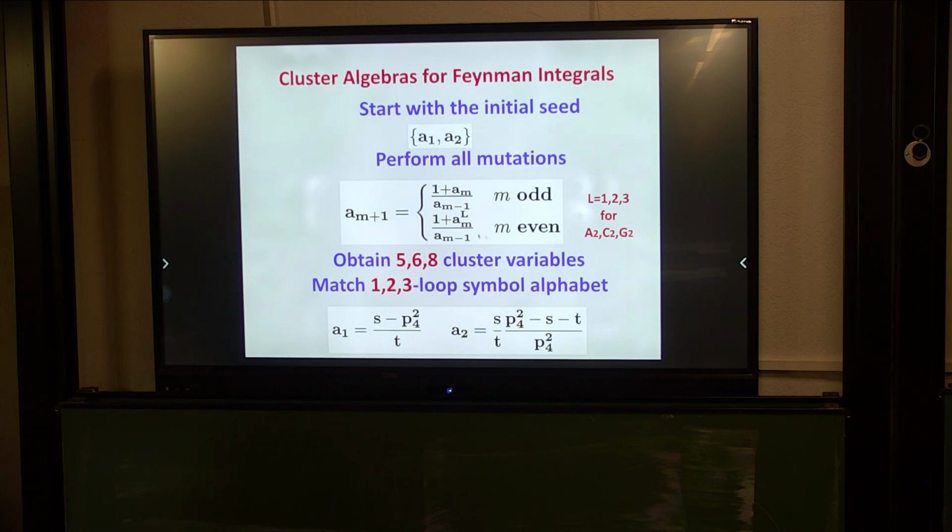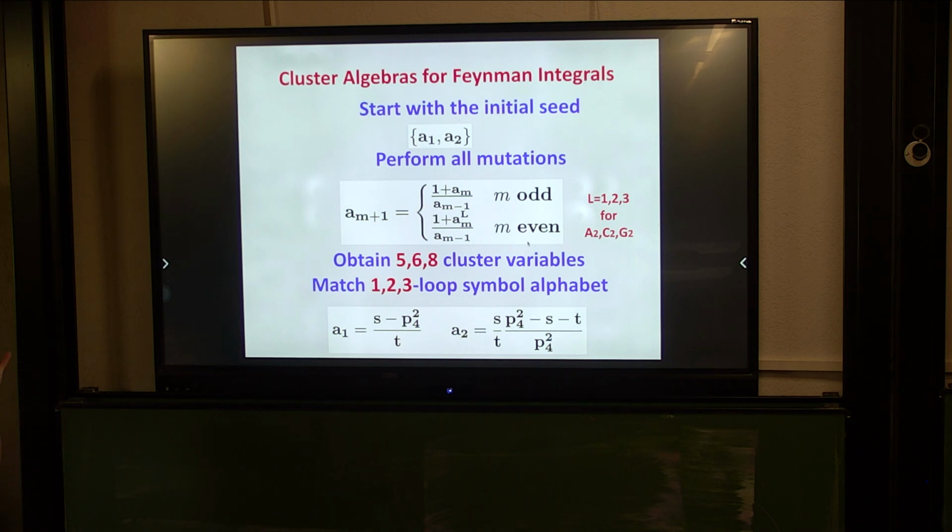So you recognize the A2 for L=1. It's quite remarkable. For L=2, it's C2, and then for L=3, it's G2. So it will be interesting, of course, to get some data for higher loops and see what the pattern is. And from mathematics, you will obtain these cluster variables, 5, 6, and 8 cluster variables. Okay, so you know what these are.